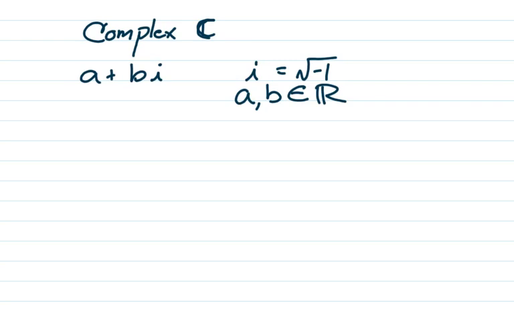So an example of this would be, 1 is a real number plus 2, which is also a real number, times i. Another example is 3 plus pi i. Okay? Both real numbers. Now, numbers that you haven't seen are numbers that are purely imaginary.